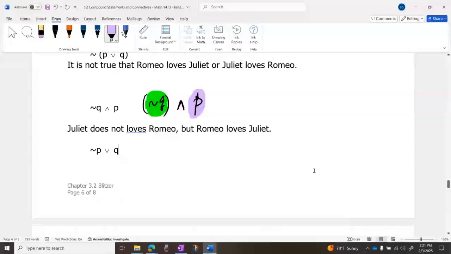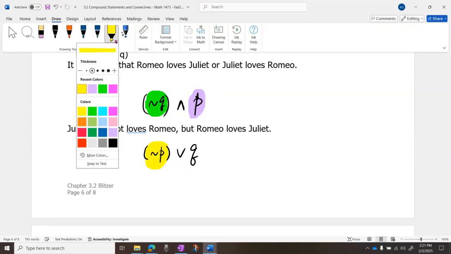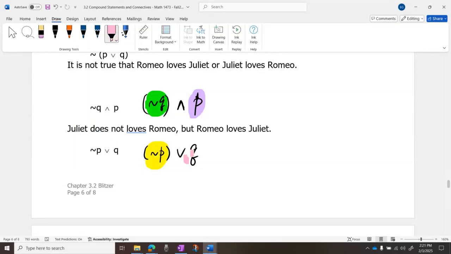Okay, last one. The structure of this expression is not P, one piece, disjunct Q. The disjunction also has two pieces, the yellow and the pink. The yellow one on the left is the first piece, the second piece is the pink.